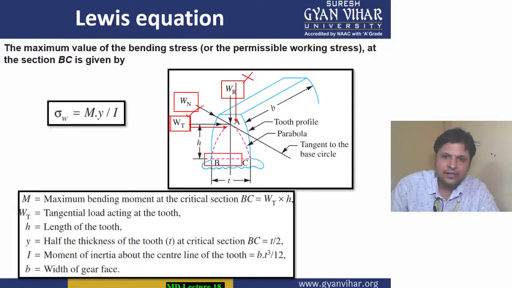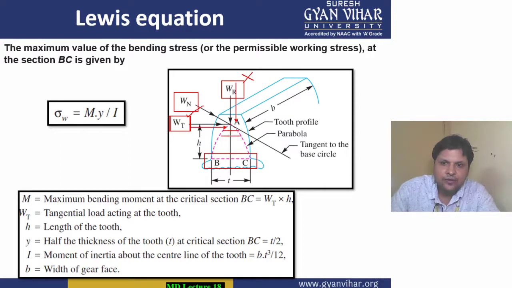Wt is the tangential load that is acting, and we are considering the critical section as BC. Why are we considering this critical section? Because if we draw an area of uniform stress, we will see that it will be in the parabolic form, and you will have uniform stress everywhere if you design in this way.